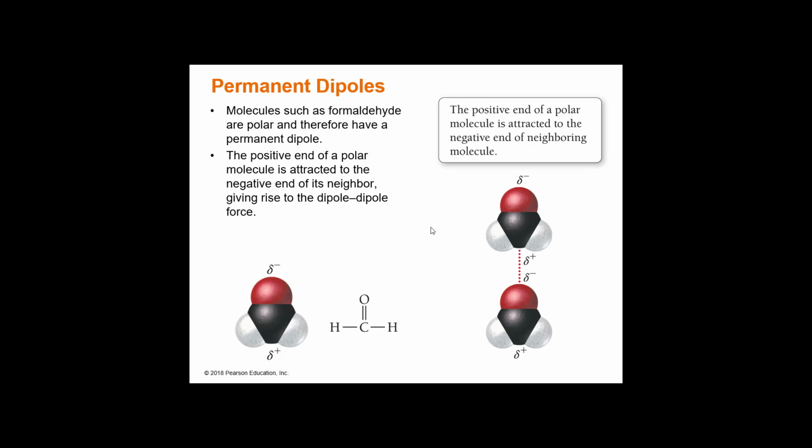Oxygen is the second most electronegative atom on the periodic table, so it's going to pull the electrons away from the carbon, making the carbon partially positive. Think of sharing a blanket: oxygen is taking all the blanket and leaving you one little corner out in the cold. So this is what's happening. Because the oxygen is partially negative, it's going to attract the partially positive carbon of a neighboring molecule. And that's going to keep happening as these neighboring molecules come together.